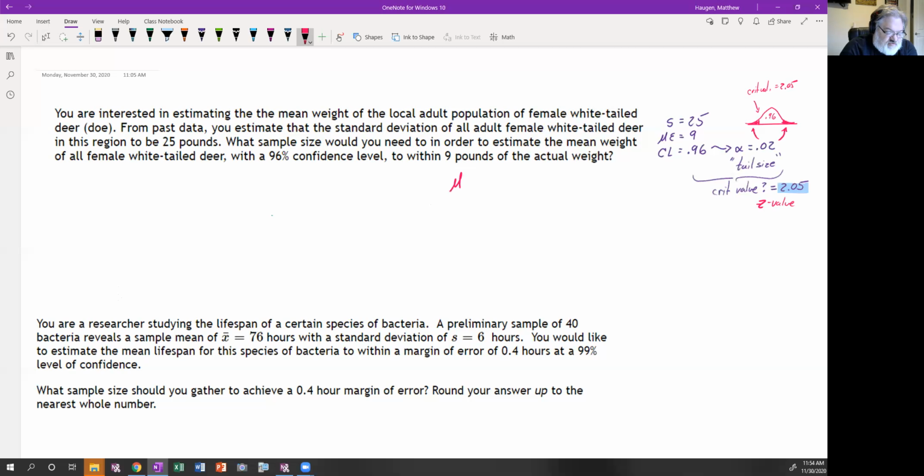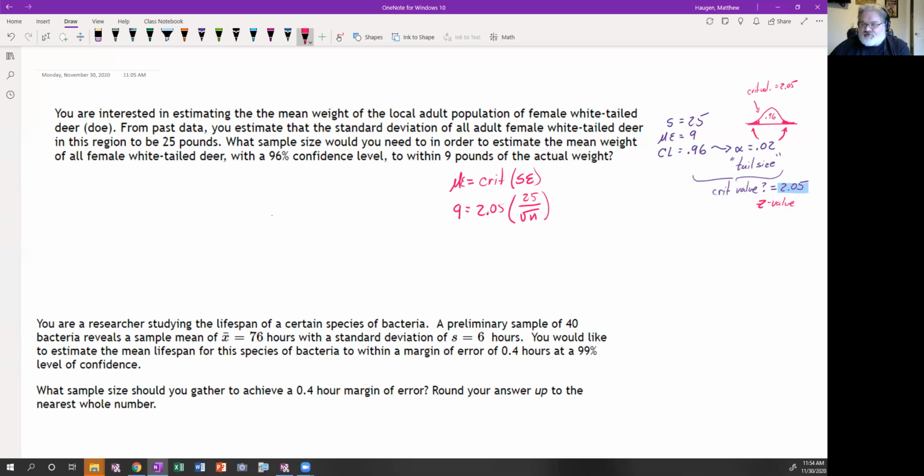So since our margin of error is supposed to be equal to our critical value times our standard error, our margin of error is supposed to be 9, the critical value of 2.05, with a standard error of 25 divided by the square root of our sample size.